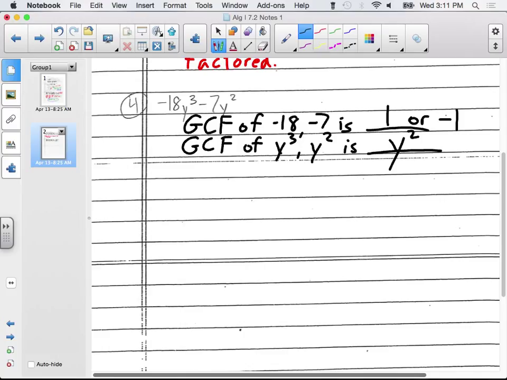Y squared. Since they have two y's, and since they're factors, and we multiply them, y times y is y squared. Because just like we did on the other side, we can take out the same thing from both of them, right?